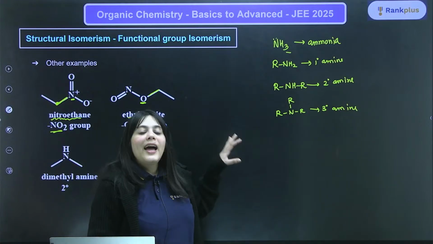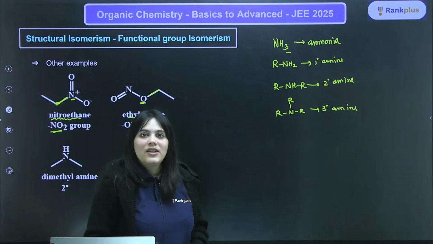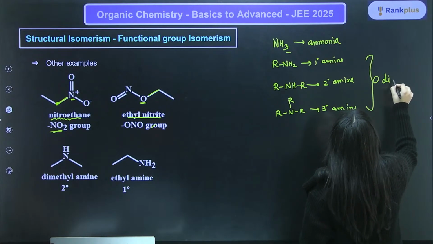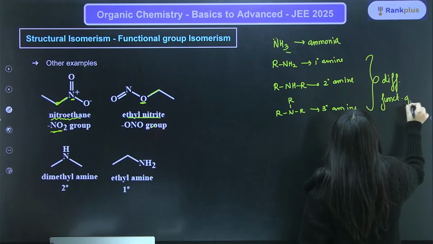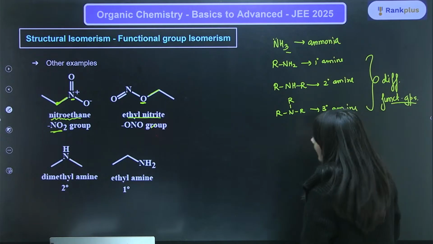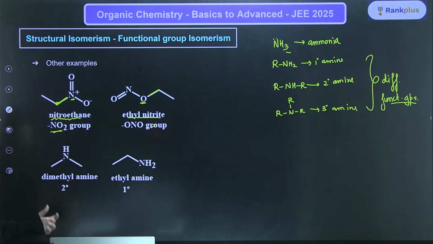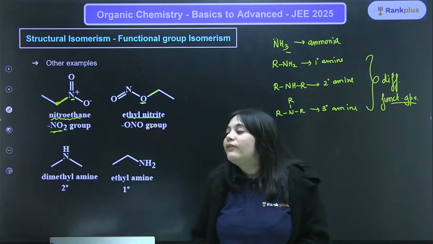So these are 3 kinds of amines, and these are actually not isomers of each other. These are considered as different functional groups. Very, very important, right? For example, secondary amine and primary amine will actually show functional group isomerism, because these are different functional groups.